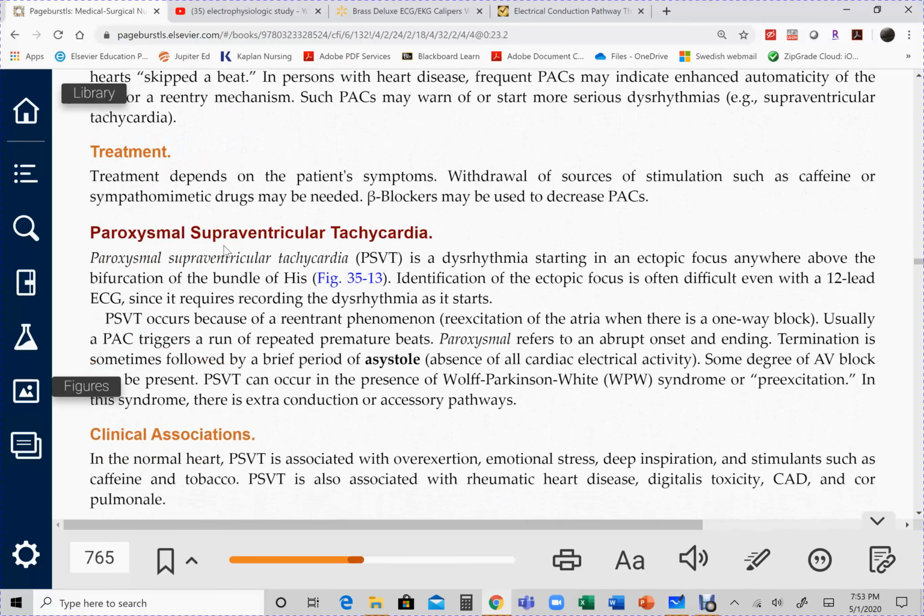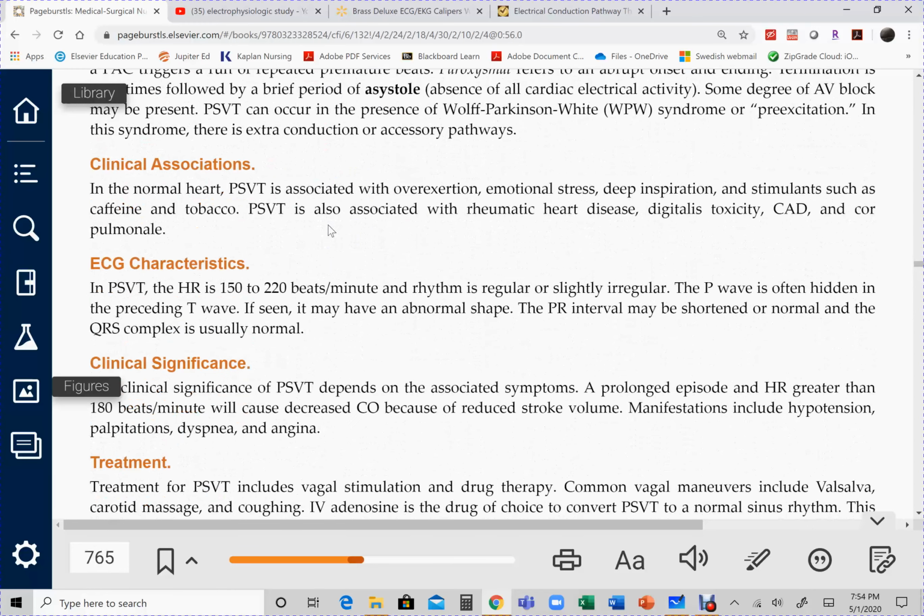PSVT, by the term paroxysmal, meaning this tachycardia will only occur in spurts, meaning for this minute, for instance, you'll have it, but the next minute it's gone. It goes back to sinus rhythm, and then minutes later it starts again. Okay, so that's paroxysmal. If it's purely SVT, it's consistent, meaning it's sustained. Okay, look at the causes.